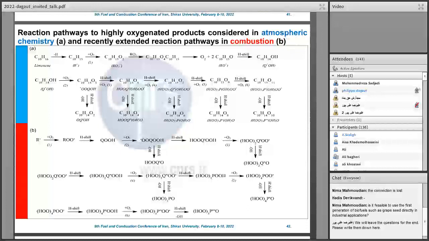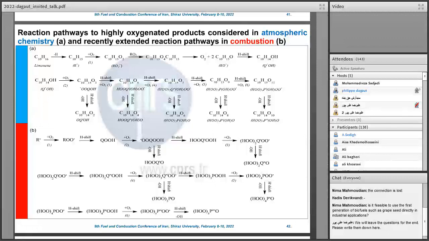This is an example of a study concerning limonene, which is a C10 terpene. And here we have in blue the chemistry which is normally only considered in atmospheric chemistry. So you start to oxidize that hydrocarbon. You get a radical, which is peroxidized, and then two of these radicals can react together, form this intermediate that decomposes, releasing O2 and two alkoxy radicals.